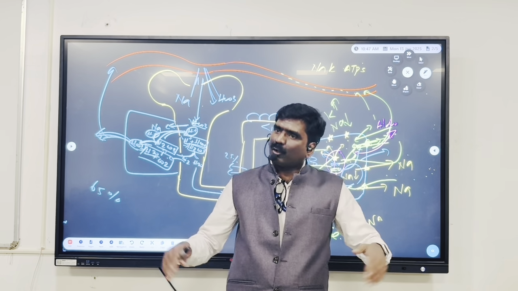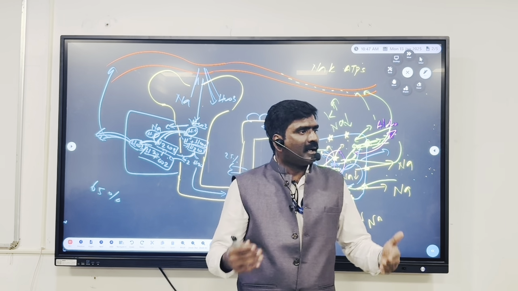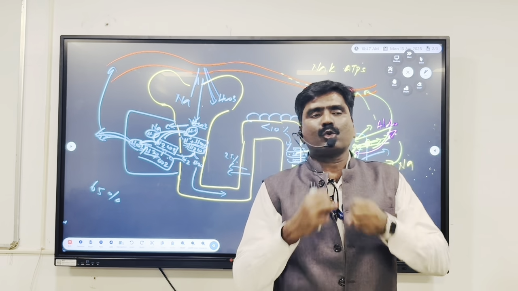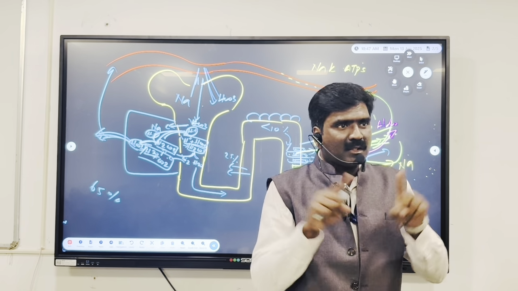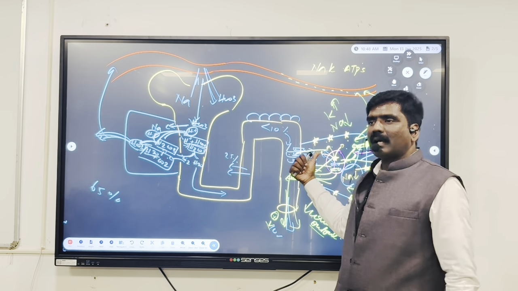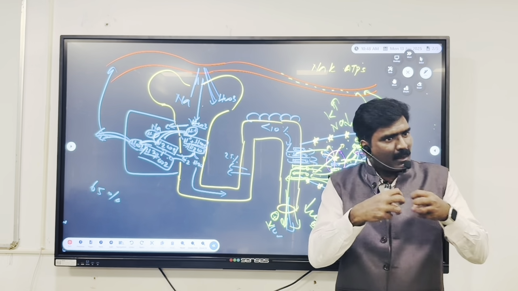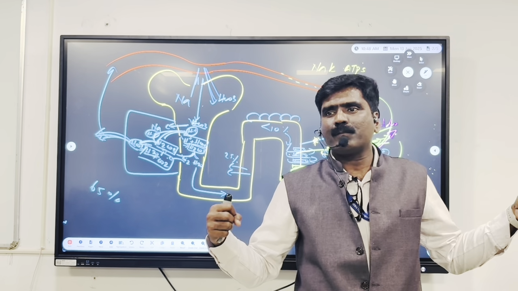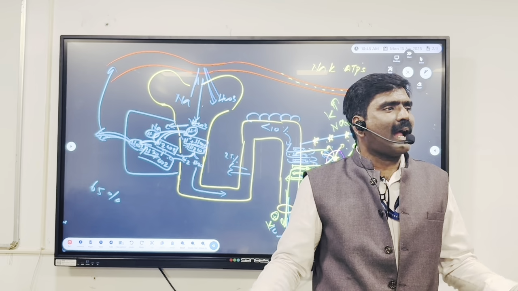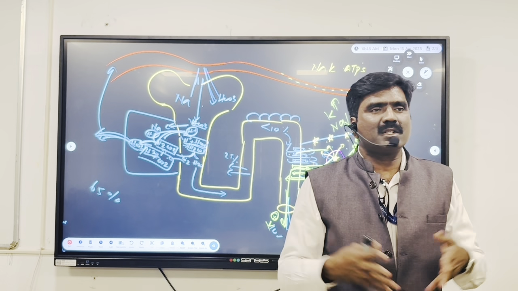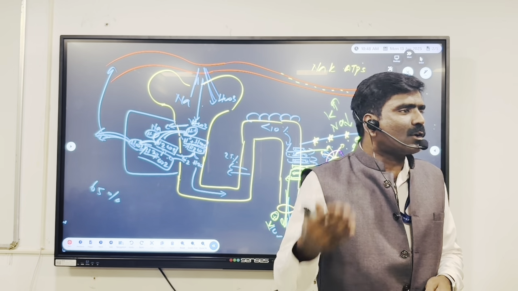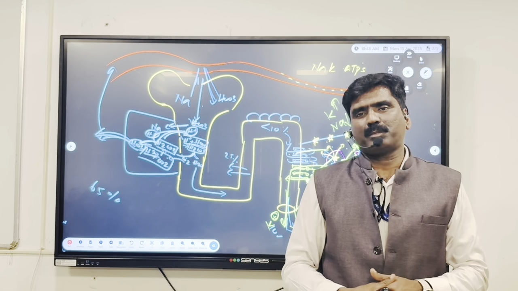Because of A2, aldosterone is released, and aldosterone helps to absorb more and more sodium and bicarb from the kidney, from the proximal convoluted tubule and collecting tubule, so that water can follow and add into the blood circulation, and it will try to increase the venous return, cardiac output and systolic blood pressure.